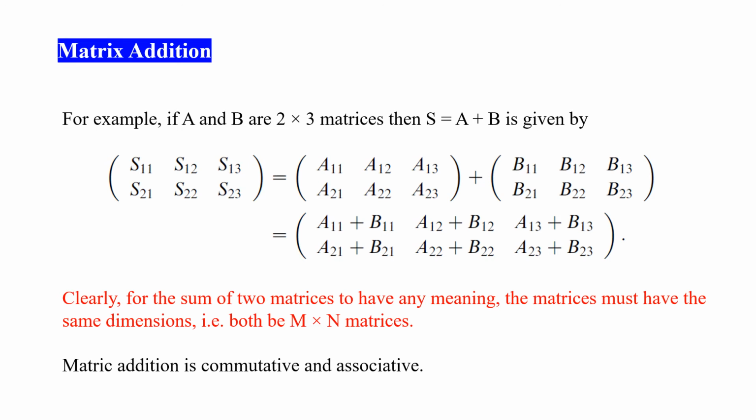For example, if A and B are 2 by 3 matrices, that is, both A and B have 2 rows and 3 columns, then S equals A plus B is given by the following. So your result is also a 2 by 3 matrix.